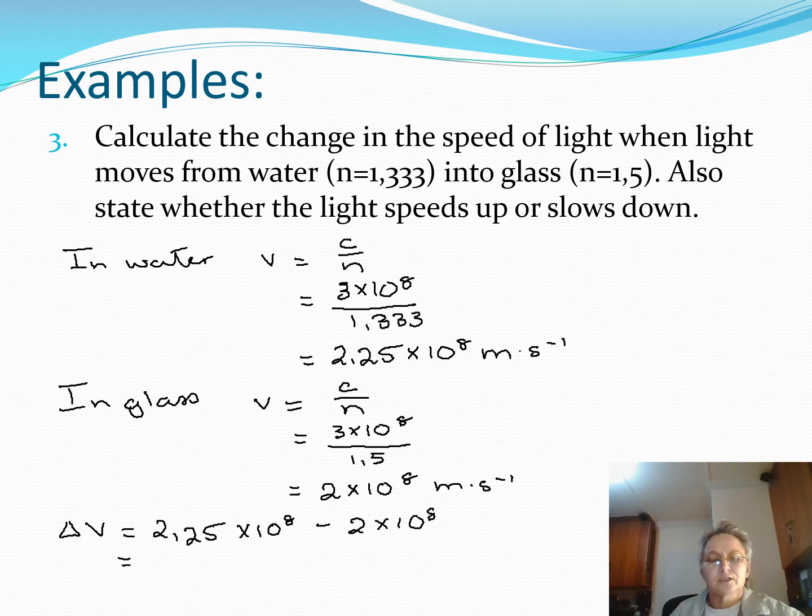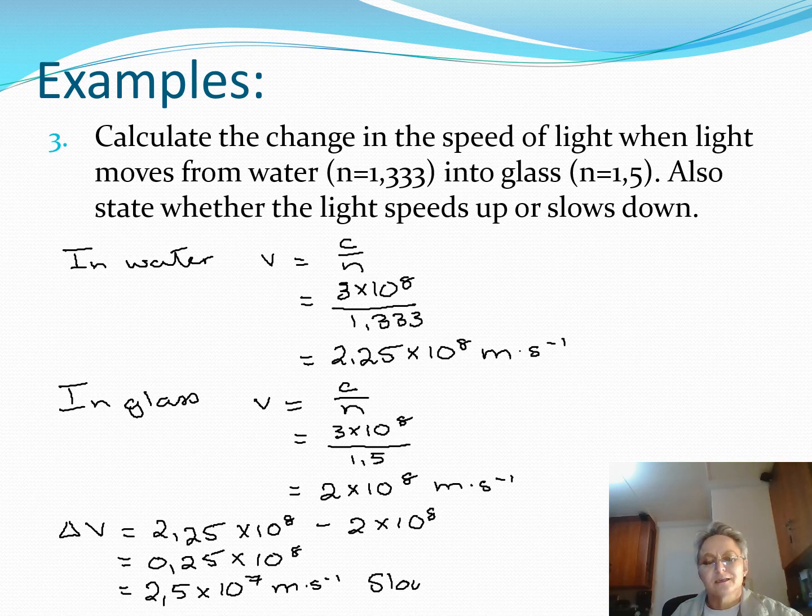That would give us 0.25 times 10 to the power 8. Now to write it in scientific notation correctly, it's 2.5 times 10 to the power 7 meters per second, and it slowed down from water to glass.